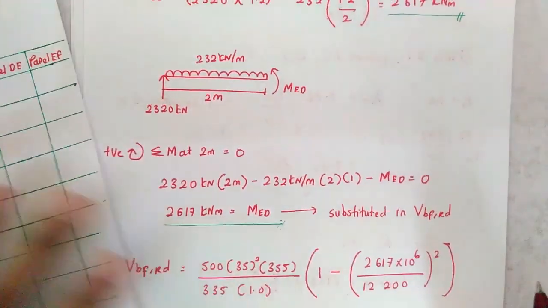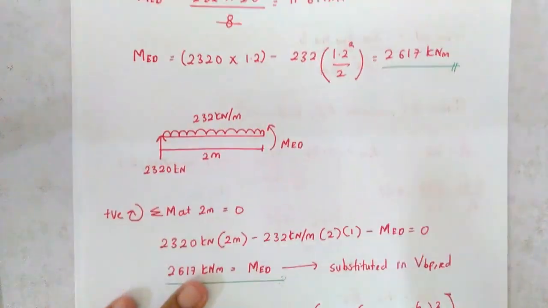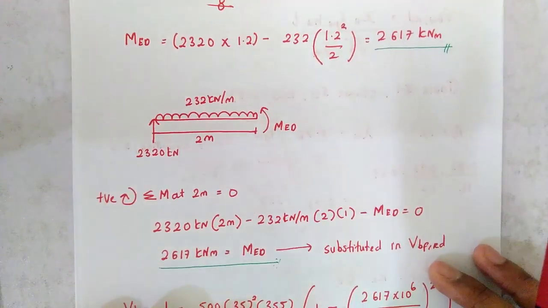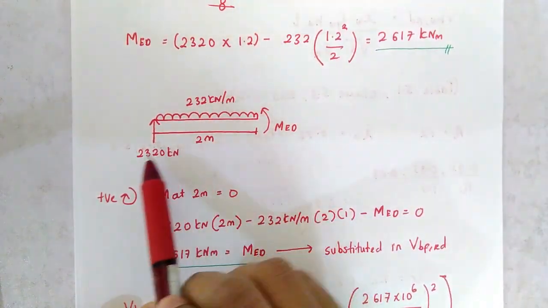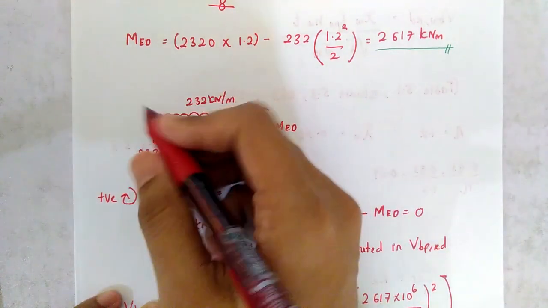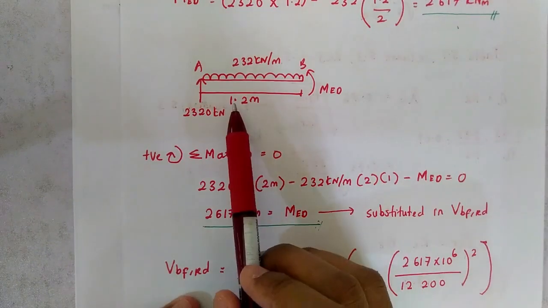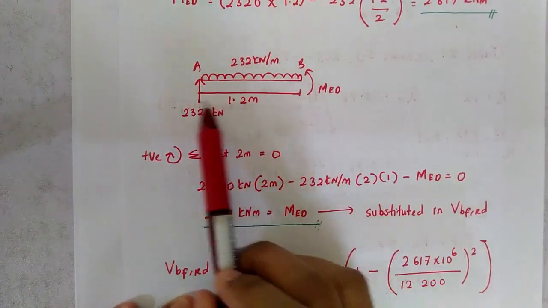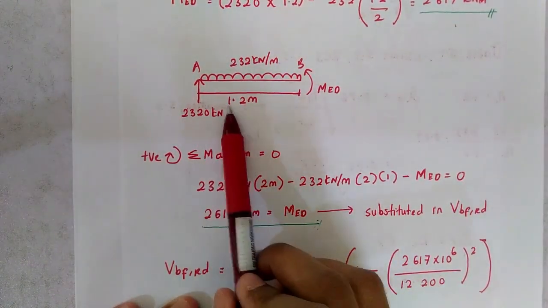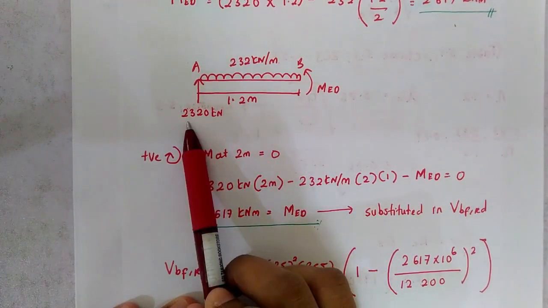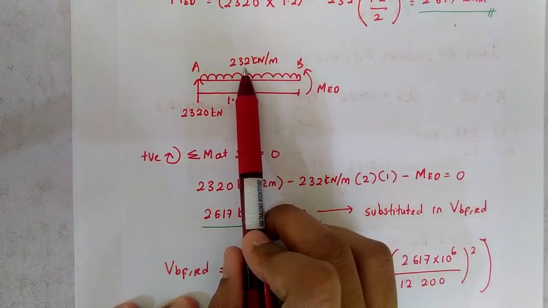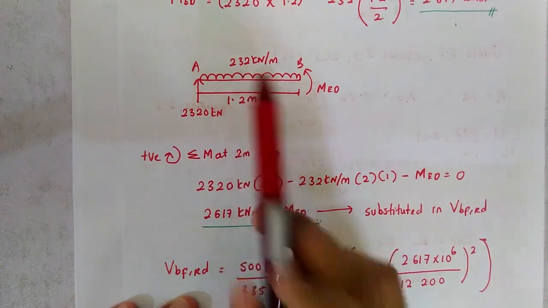Okay, for MED, this is how you calculate MED. You can see this is a cutting section, which is panel A, B. This is the cutting section from A to B, with 1.2 meter, 2320 MED, and the loading is 232 kilonewton per meter.